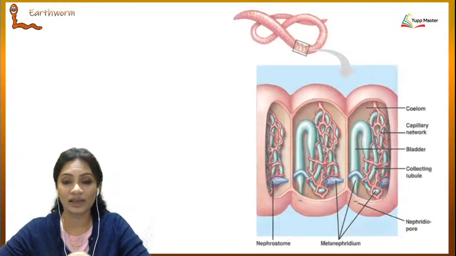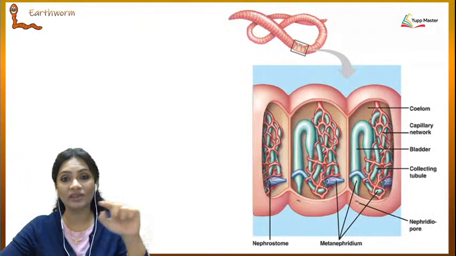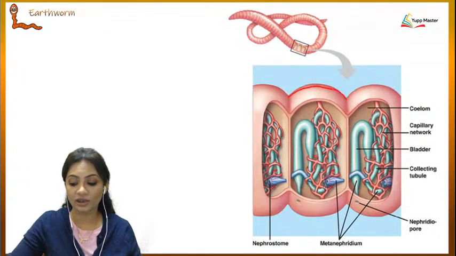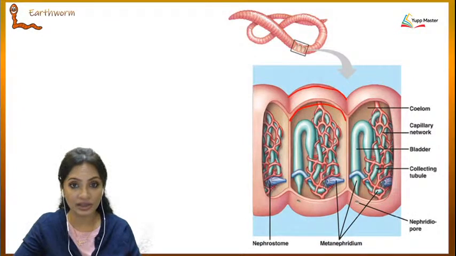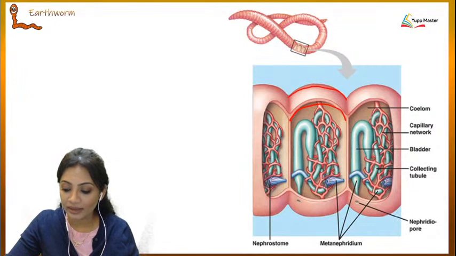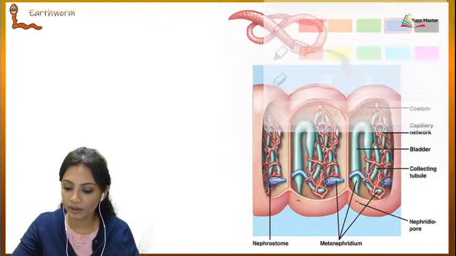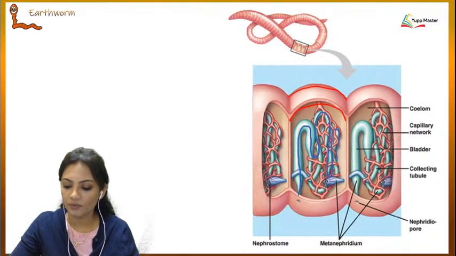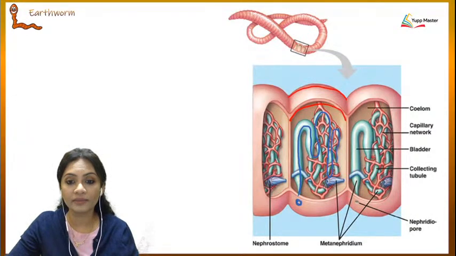Let's see how that looks. Look at this diagram over here. You have the segments, remember metameric segmentation. As you have the external segments, similarly you have the internal segments, and here I'll draw it in blue, just like how you are seeing this nephridia. You can see there is a pore over here, the one I've circled.